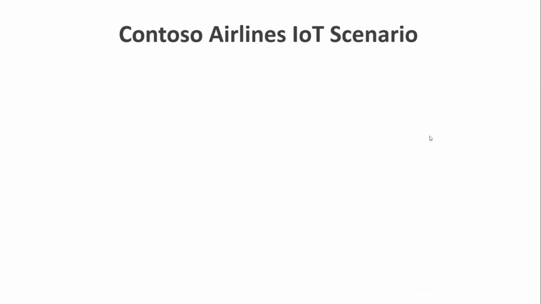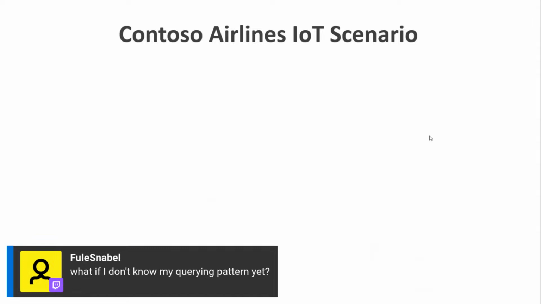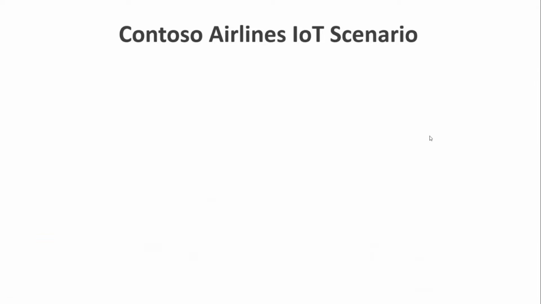Sure, sure. Okay. The next question we have is from Fuel Senabel. What if I don't know my querying pattern yet? Yeah, that's very possible, in fact, right? Very often we can be surprised, and we could even expect these are the most common types of queries our users will run, and then we find out that it's a different type. That is one of the pain points of partitioning, that you can't easily change the partition key.